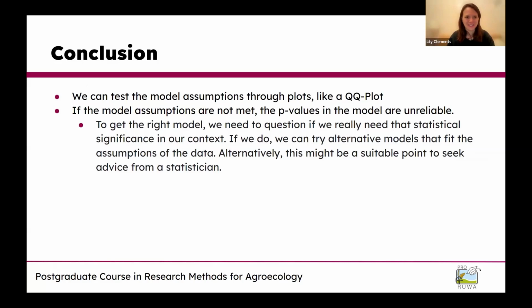So to get the right model, we need to question if we really need that statistical significance in our context. If we do, we could try alternative models that fit the assumptions of the data. Alternatively, this might be a suitable point to seek advice from a statistician.